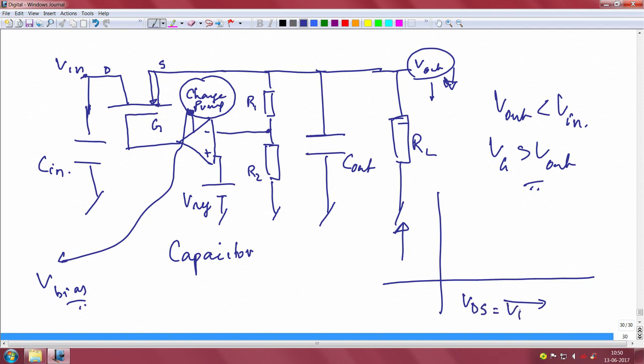It is nothing but V in minus V out, right. This is VDS, which is V in minus V out, and on the y axis I will show the load current, nothing but the drain current, or also nothing but the load current.